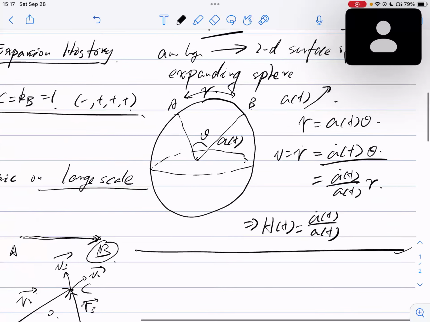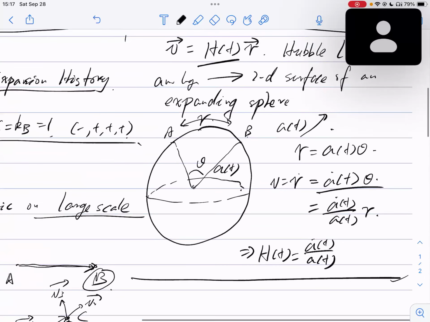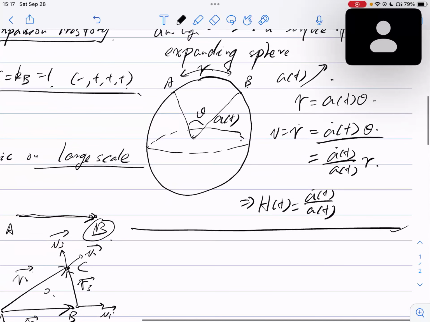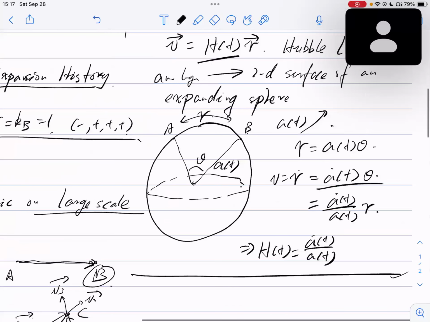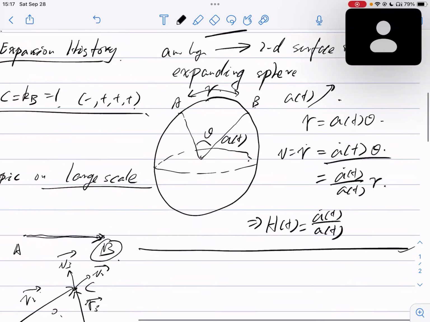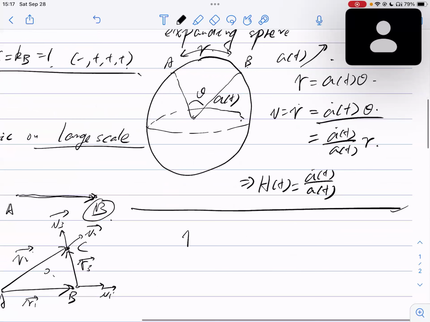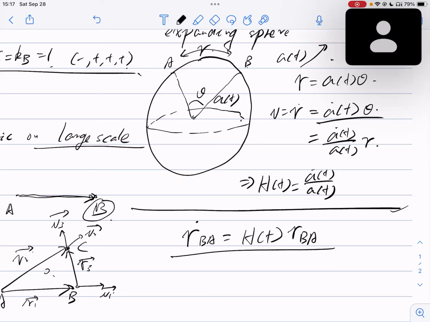because the three-dimensional expanding universe is just an analogy to the two-dimensional surface of a sphere, and we can write R_BA dot equals H(t) R_BA. This is the velocity. And we just integrate this formula with regard to t, dt.